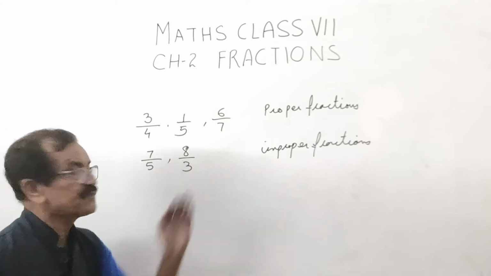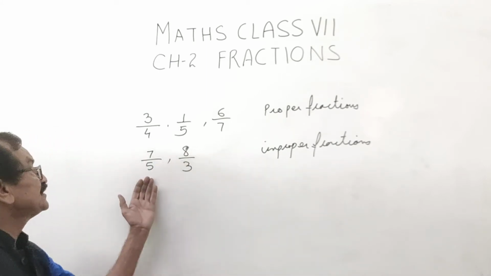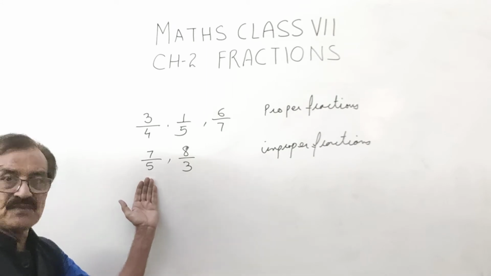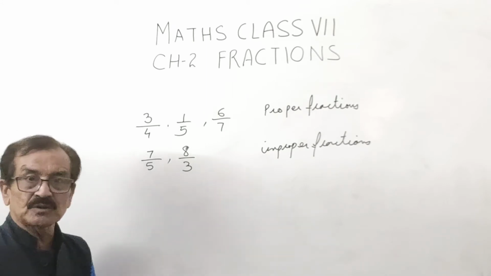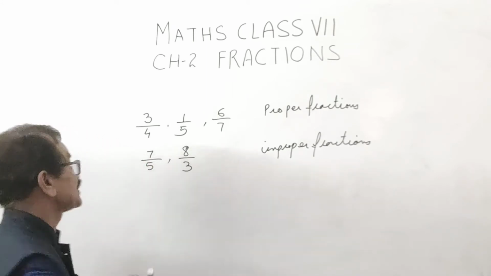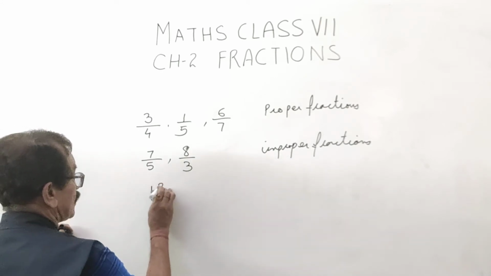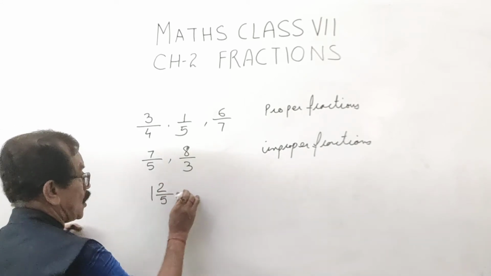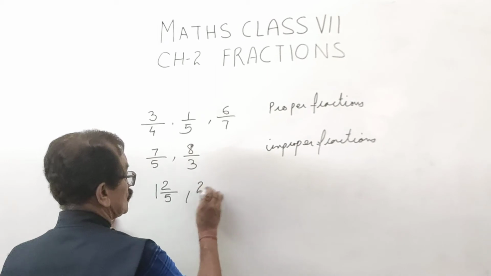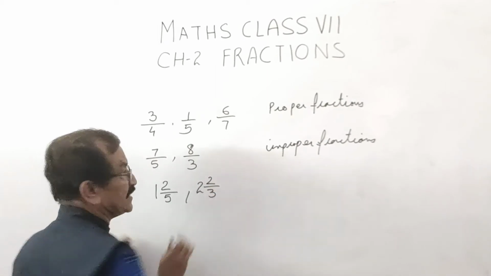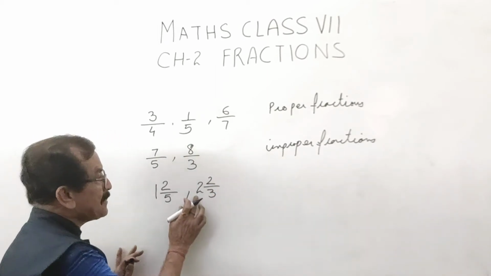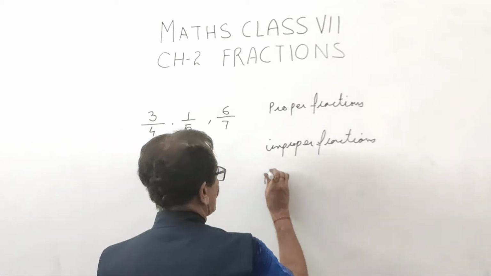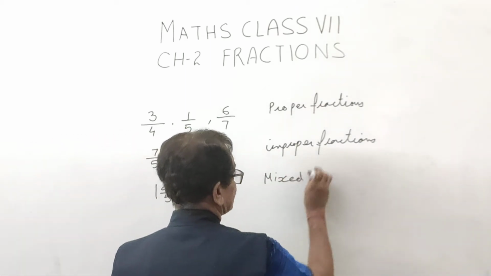Now this improper fraction means it is more than 1. That means this can be denoted as a whole and a fraction. For example, 1 2/5 or 2 2/3. Such fractions with a whole number and a fraction are called mixed fractions.